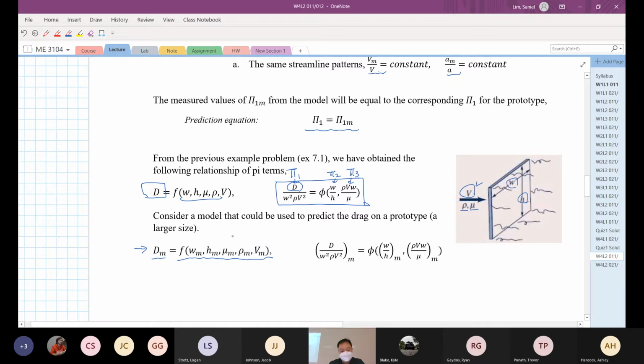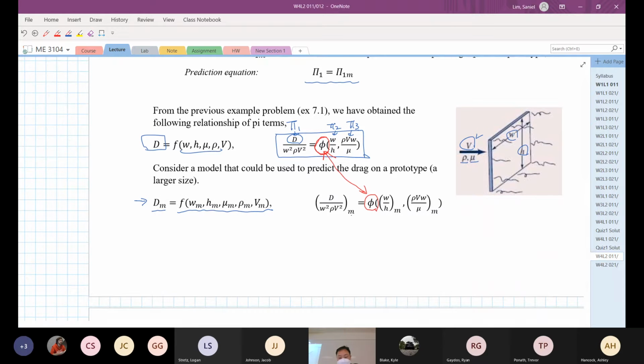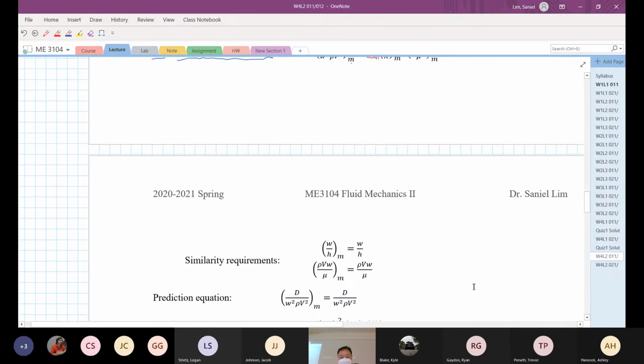We just focus on the pi terms, because we assume my model is geometrically scaled down but still very similar to the prototype we have. So we can just apply the same function between the pi terms. Then, of course, we can put the same variables for the model within the pi terms. Of course, the unit is still dimensionless.